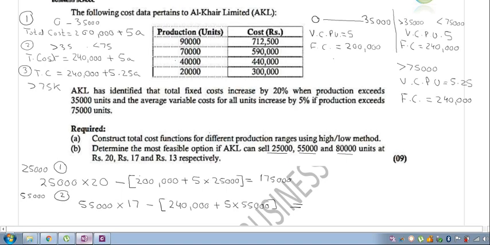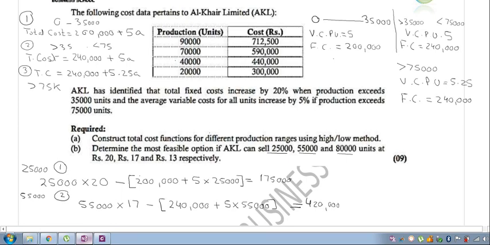If we compute profit at the 55,000 level of activity, 55,000 into 5 is 275,000. Adding 240,000 for fixed cost is 515,000. 55,000 into 17 for sales revenue minus 515,000 gives us 420,000.